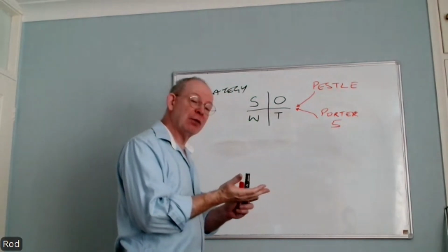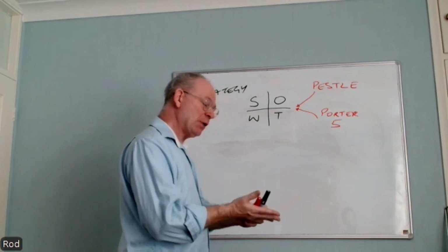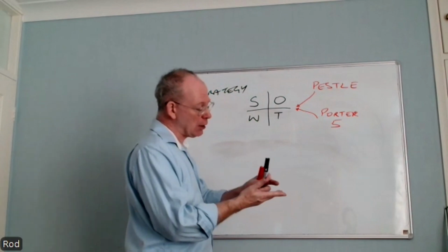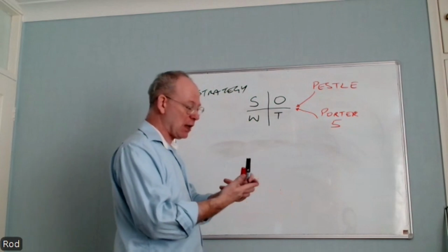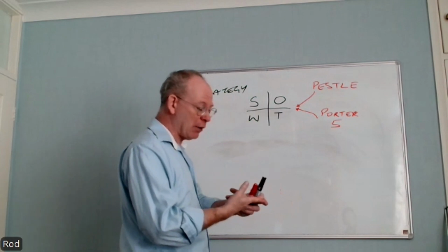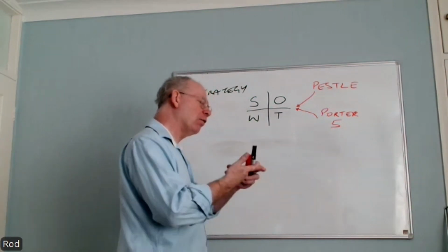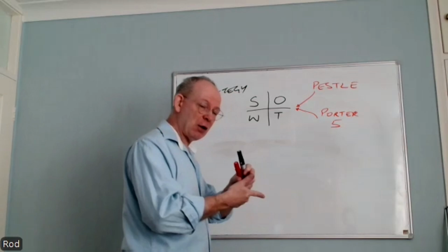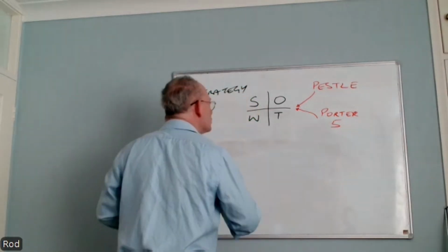At the center of Porter's 5 Forces is our competitors, but we also need to think about how easy is it for new entrants to join the market? What are substitute products our customers could use instead? What's the power of our buyers and the power of our suppliers? This all feeds into our Porter's 5 Forces.